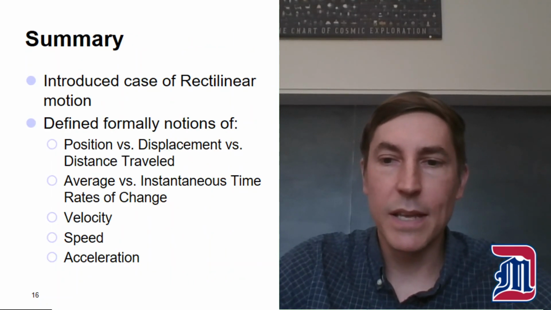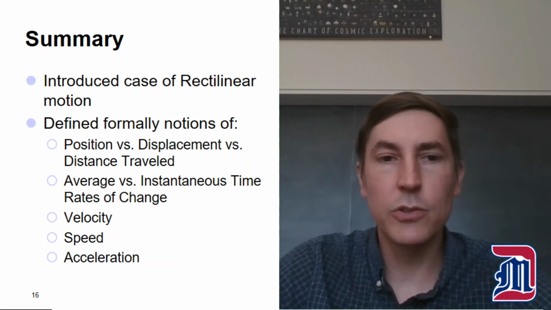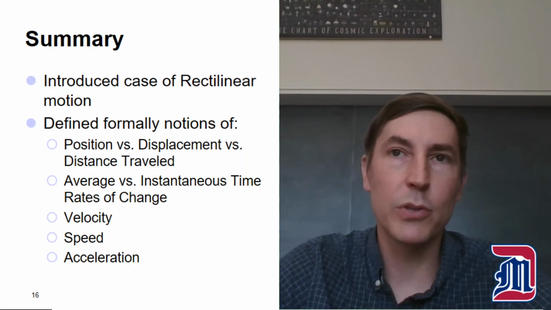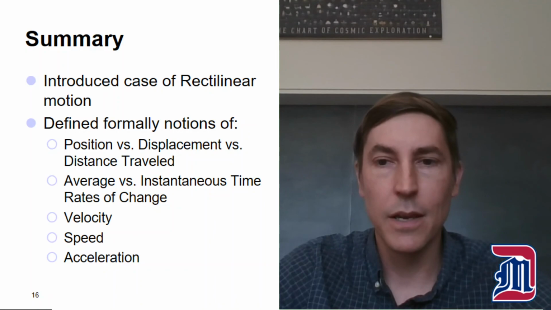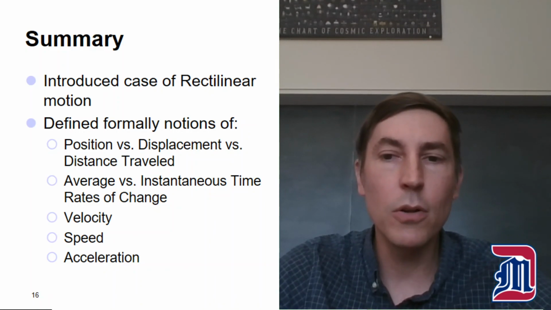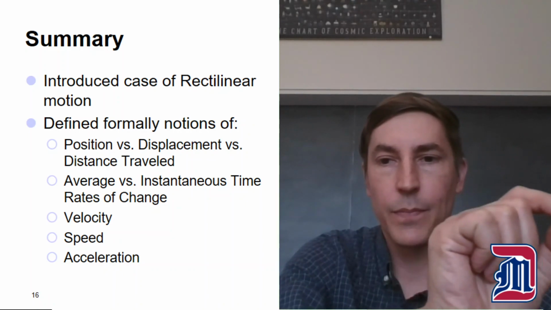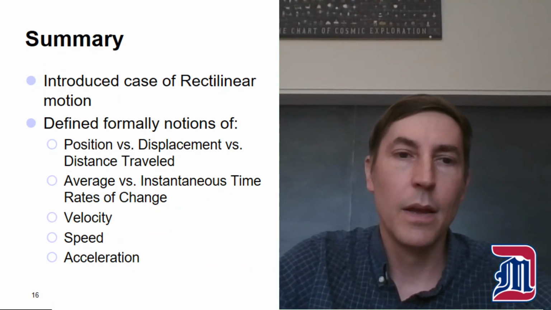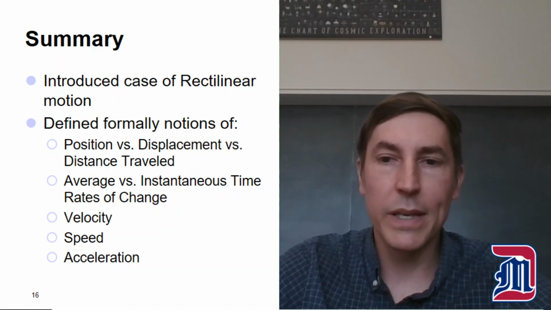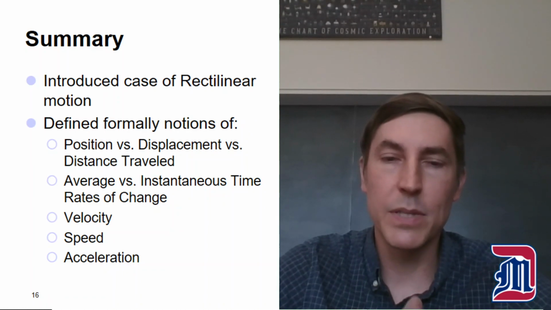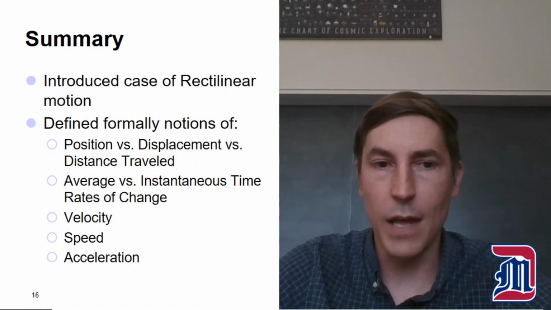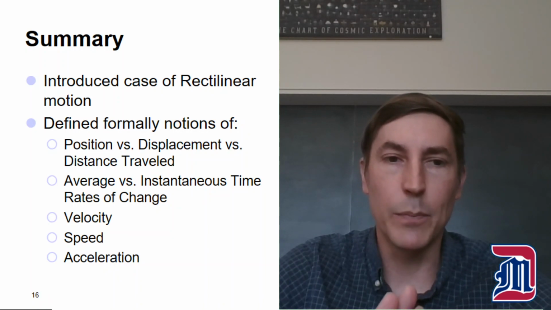So that brings us to the end of this video. We introduced the simplest type of motion that we're going to analyze in this class, where we're dealing with a particle constrained to move along a line, just backwards and forwards. We then introduced formally some different concepts, some different definitions that we're going to use a lot in this class. So we looked at position.